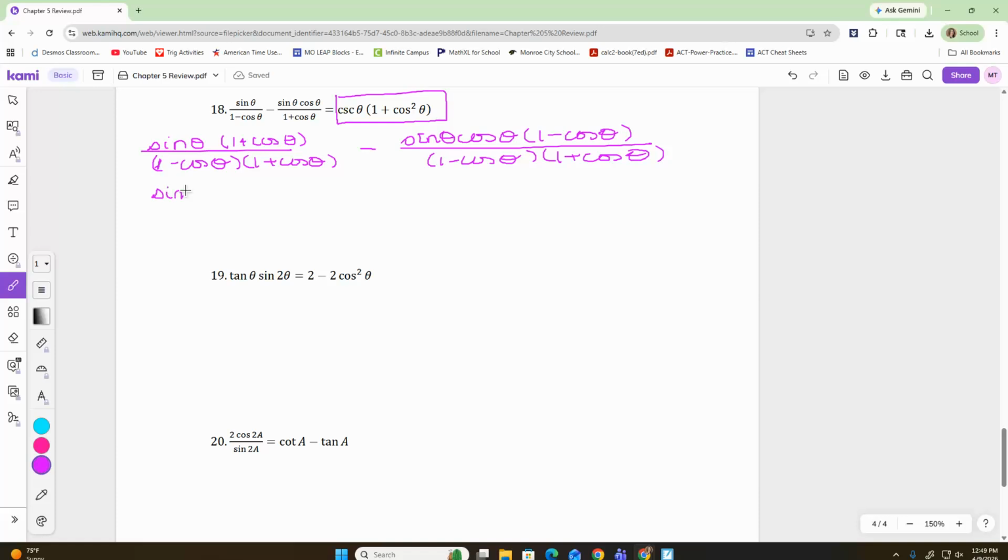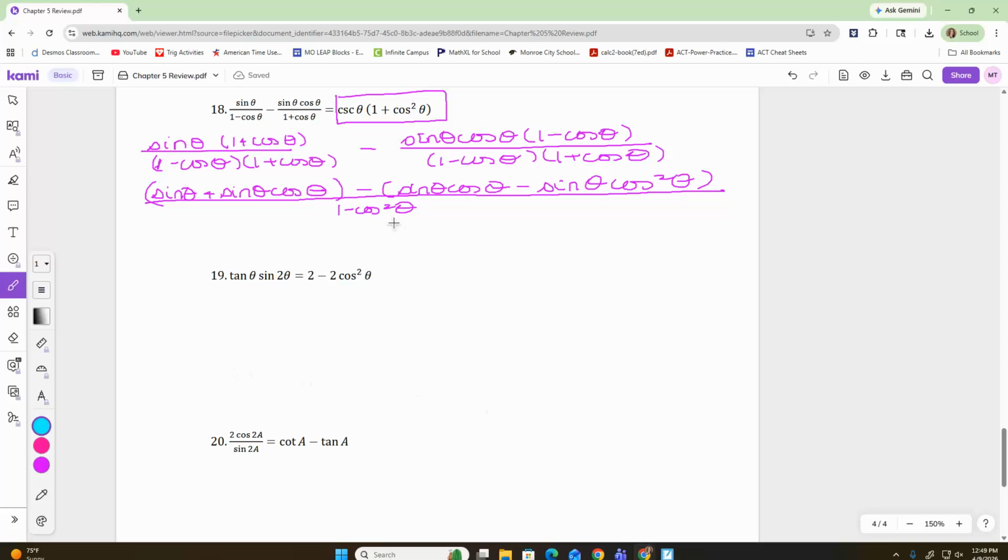I get sine theta, cosine theta. Can I go ahead and write it as one big fraction? Over here, if I distribute it, sine theta, cosine theta, and sine theta, cosine squared. On the bottom, by FOIL, I get 1 minus cosine squared theta.